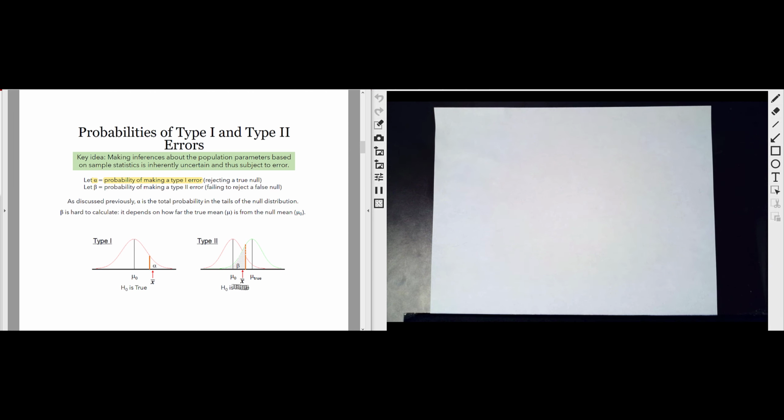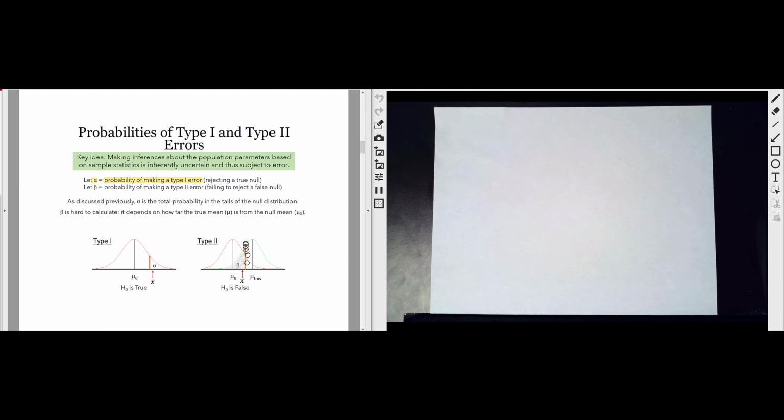Assuming that the null hypothesis is false, then we know that the population mean is going to be somewhere other than at the null hypothesis mean, the mean dictated by the null hypothesis assumption. But we don't know exactly where the true mean is if the null hypothesis is false. So the true mean is somewhere.